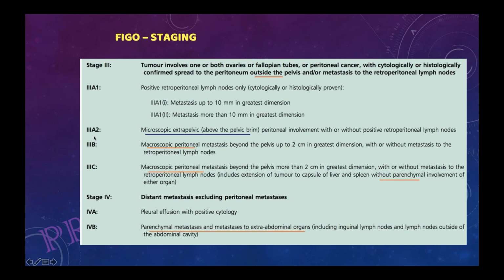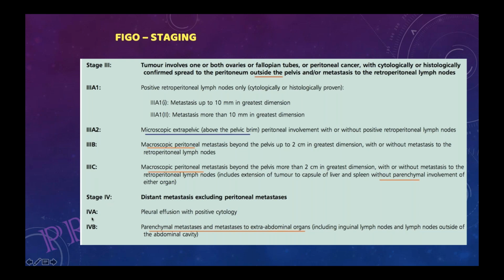If we can see with our eyes, it will be 3B onwards. So 3B less than 2 centimeter and 3C more than 2 centimeter. This way you have to remember 3B onwards, macroscopic.